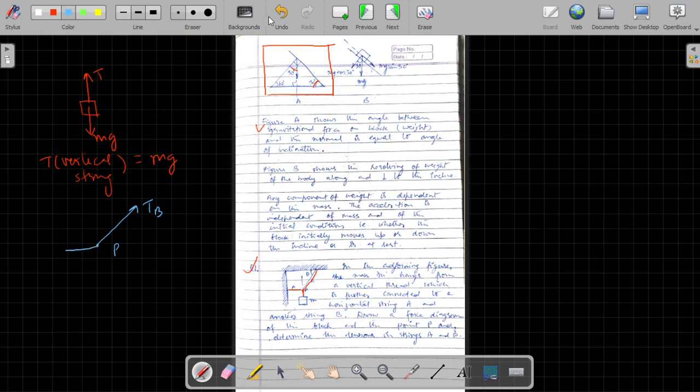Due to A, it should be along A. Let us say that is some value TA, and the tension due to the vertical string would be vertically downwards, so that would be T. We know that the tension makes an angle theta with the horizontal, so this angle would also be theta.